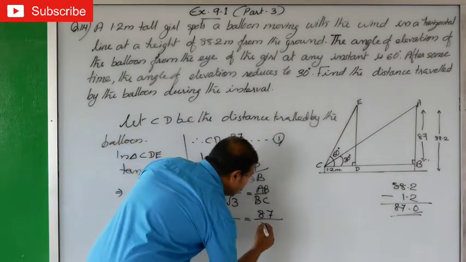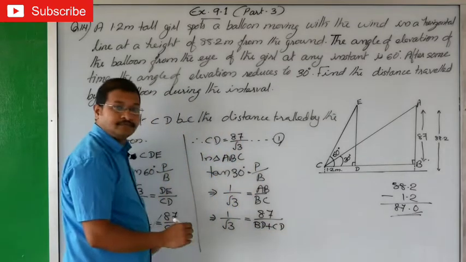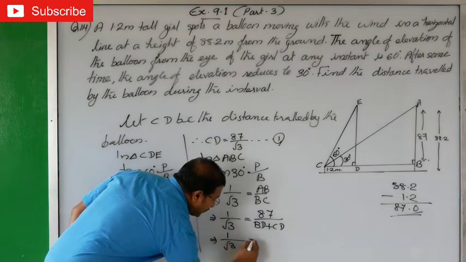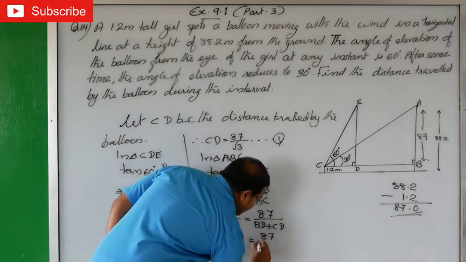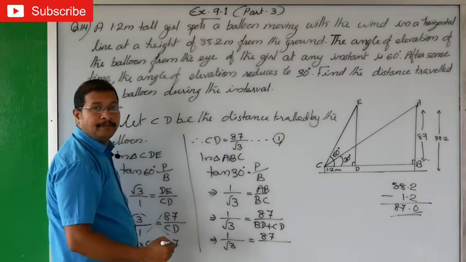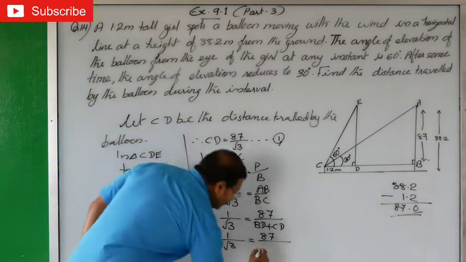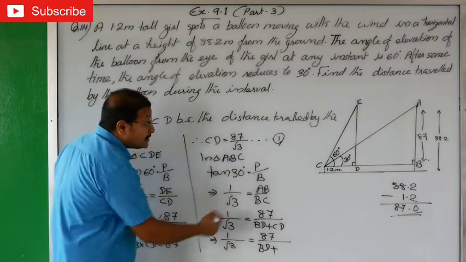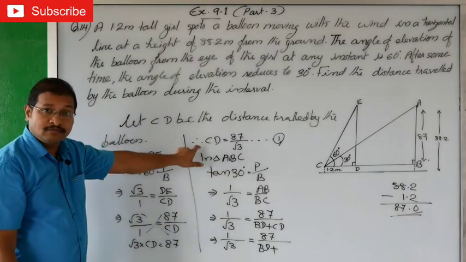So we'll write here BD plus CD. This implies 1 by root 3 equals 87 divided by BD plus CD. What is the value of BD? We don't know, isn't it? So we'll write BD plus, this we need to find out, CD. What is the value of CD? We got it now from equation number 1. What is that?